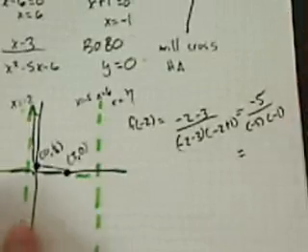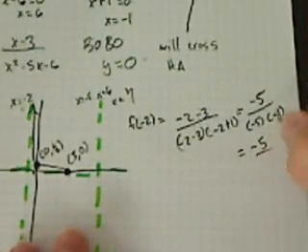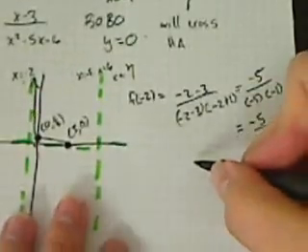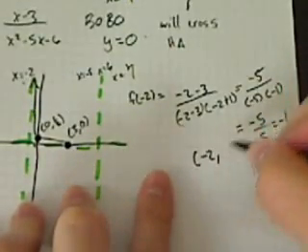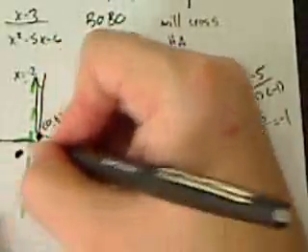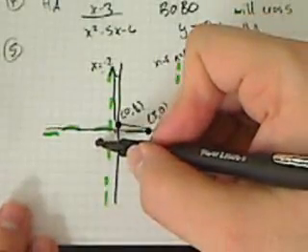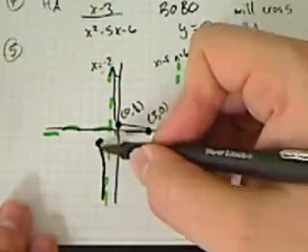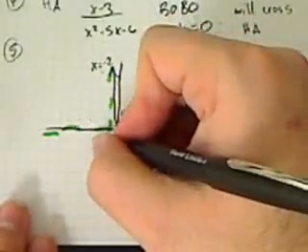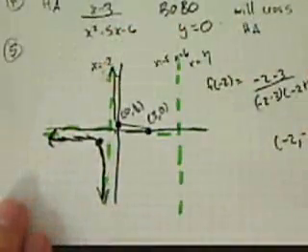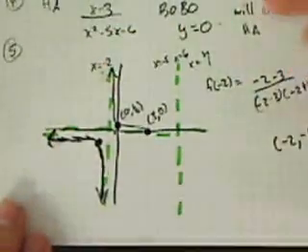So negative 5 divided by positive 5 is negative 1. So when x is negative 2, y is negative 1. Now we know it's not going to cross our horizontal asymptote at any other point, and it's going to get closer to our vertical asymptote. We get a graph that looks kind of like that.